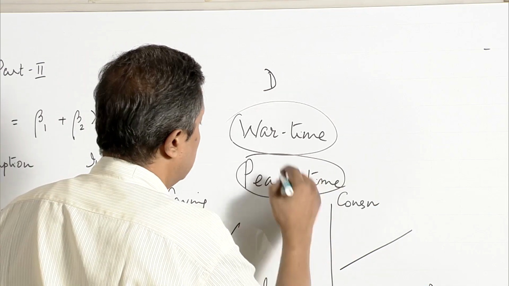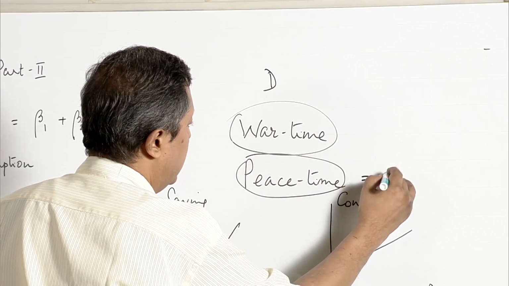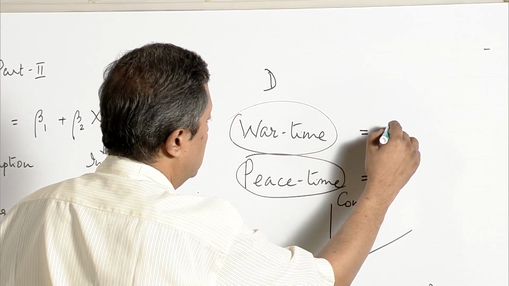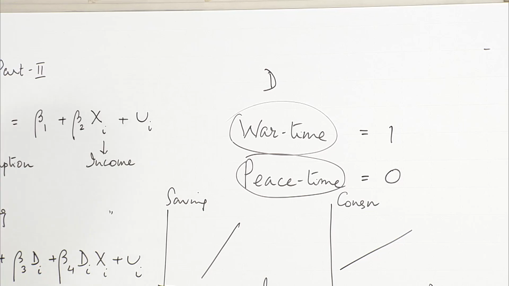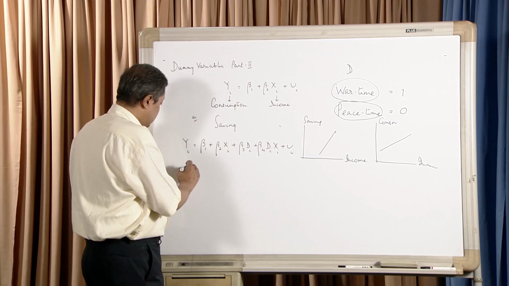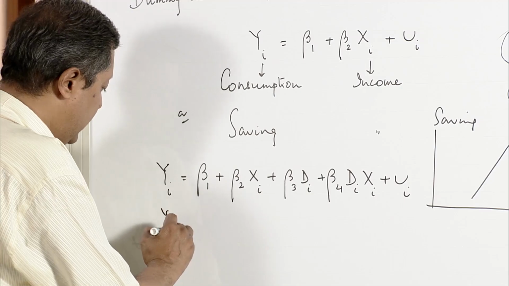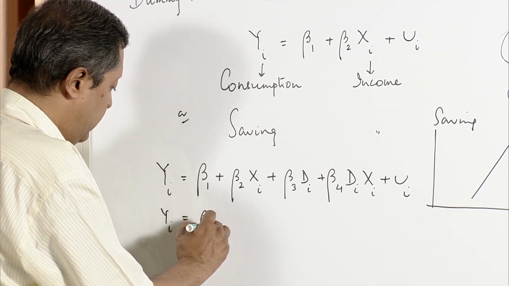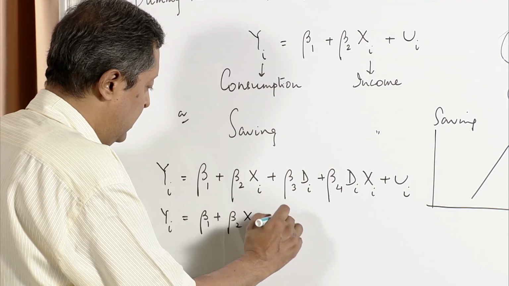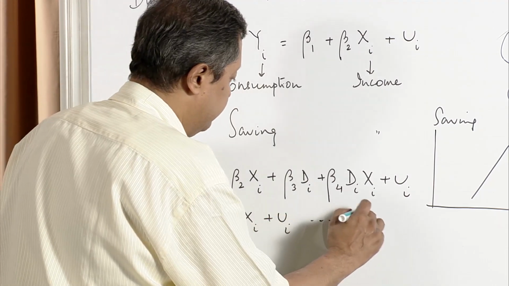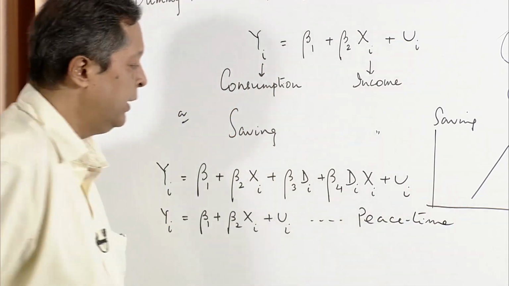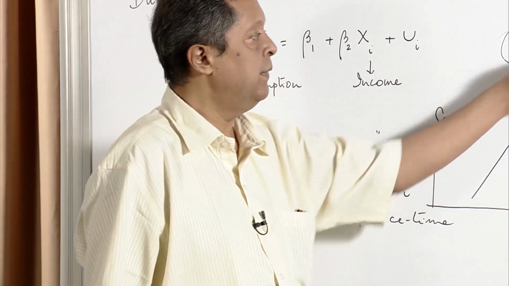For peacetime, dummy variable d takes the value 0, for wartime it takes the value 1. What is the implication of this model? If d is equal to 0, then for peacetime y i is equal to beta 1 plus beta 2 x i plus u i. But when it is war, d takes the value 1.